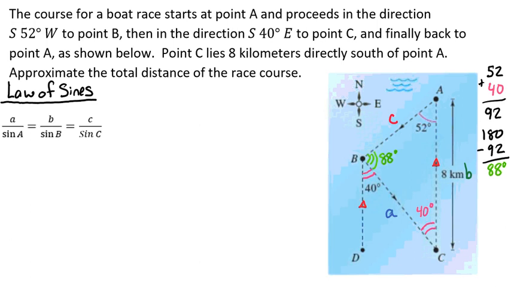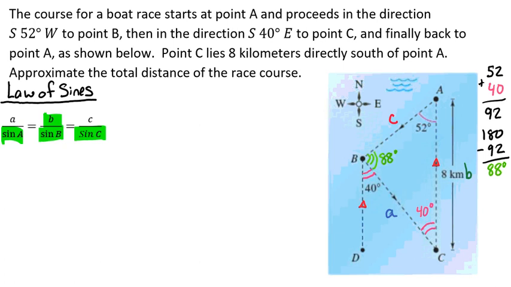We know each of our denominators' values: the sine of A, the sine of B, and the sine of C. So we're just looking for those numerators. We were also given what B is, so we have both of those, and that's what we'll use to find A and C.